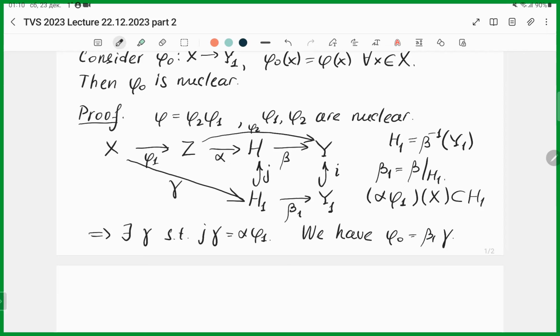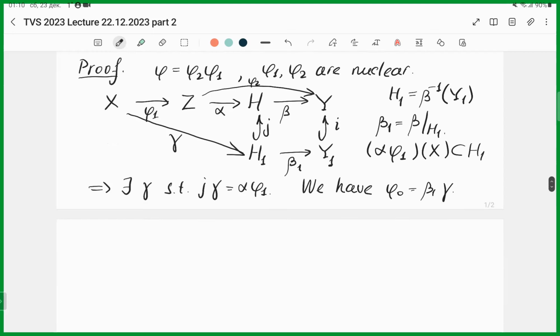And we want to show that phi 0 is nuclear. To show that phi 0 is nuclear, it suffices to show that gamma is nuclear. And why is gamma nuclear?